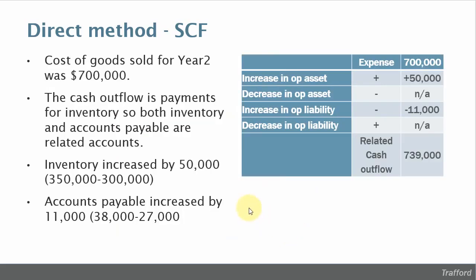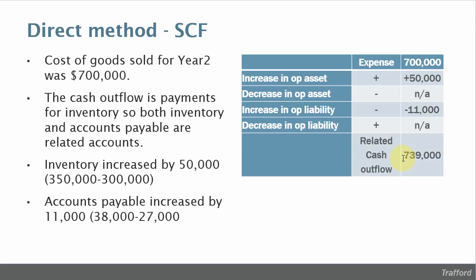The next chart's a little bit more complicated. We're converting from cost of goods sold of $700,000 to cash paid for inventory. And there's actually a couple of accounts that are involved here. The difference between cost of goods sold and cash paid for inventory relates to a couple of things.